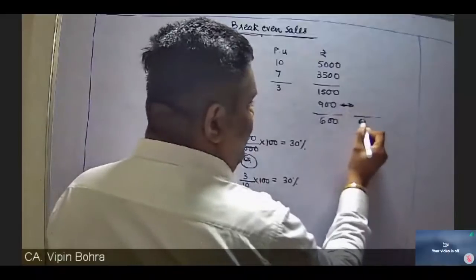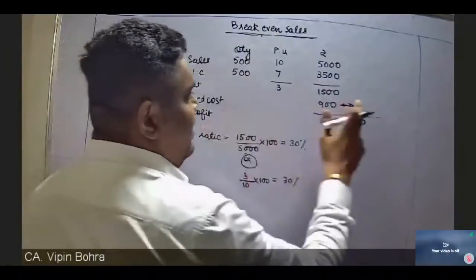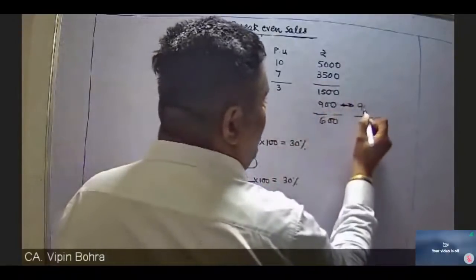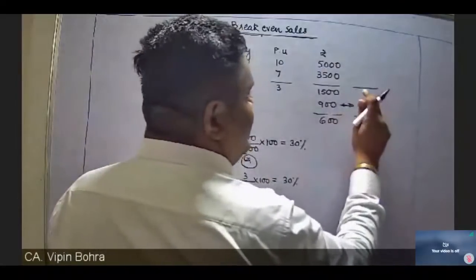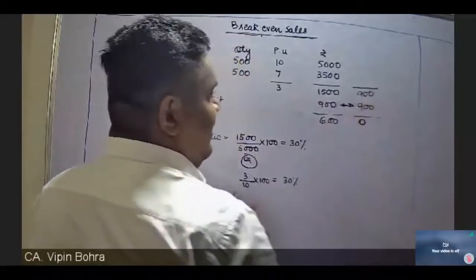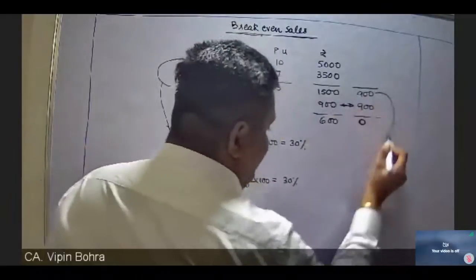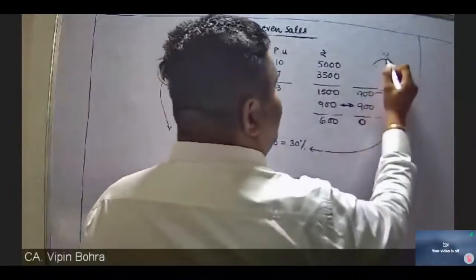At break-even sales, my profit or loss should be 0. The fixed cost 900 will remain constant at all the level of sales. This minus this should be 0. So this figure will be 900. Now this 900 is equals to 30%. So how much will be 100%?